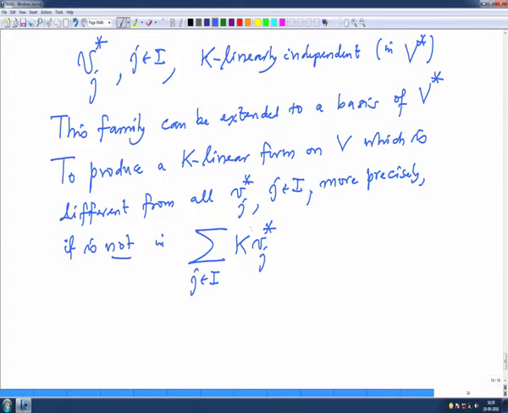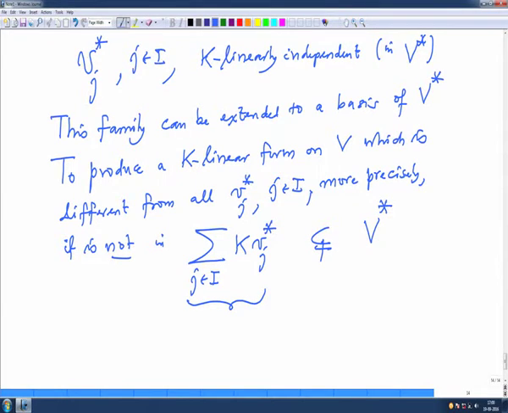This is the subspace of V star generated by v_j star, that means the smallest subspace which contains all these v_j star. Because we have noted that the v_j star are linearly independent, this subspace definitely has v_j star as a basis, because it is a generating set that is linearly independent.